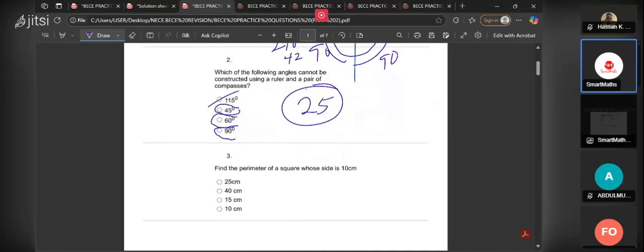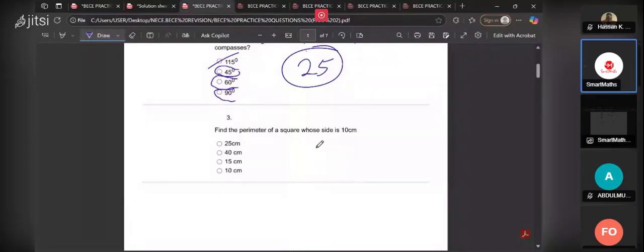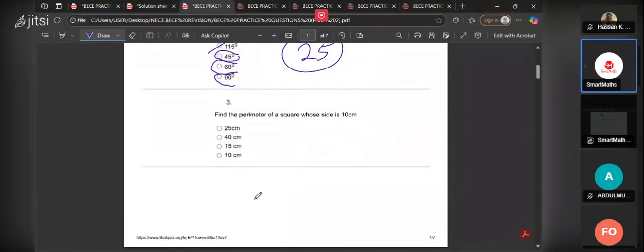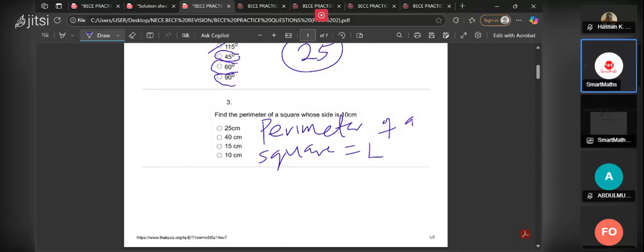All right. Find the perimeter of a square whose side is 10 centimeters. If you don't know it now, please write the formula down. Perimeter of a square is L squared, where L is the length of the side of the square.